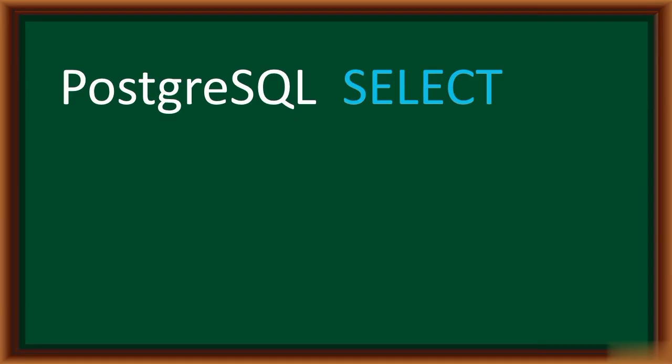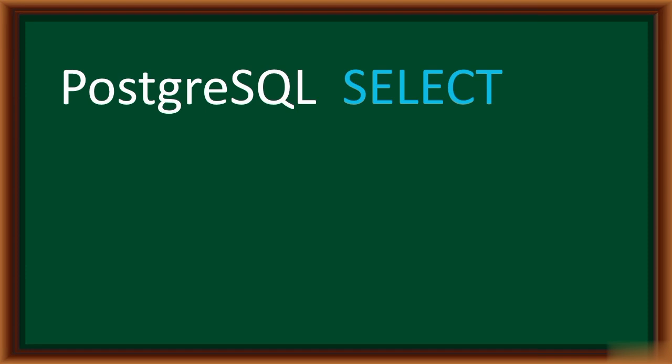In this lecture, I'll be introducing you to the Postgres SELECT statement. One of the most common tasks you will perform when working with Postgres is querying data from tables, and you do that by using a SELECT statement.